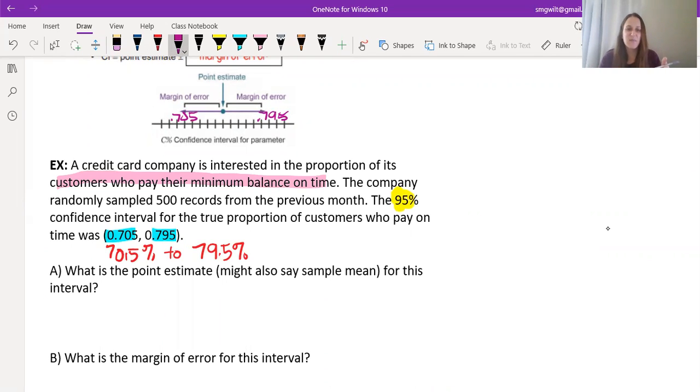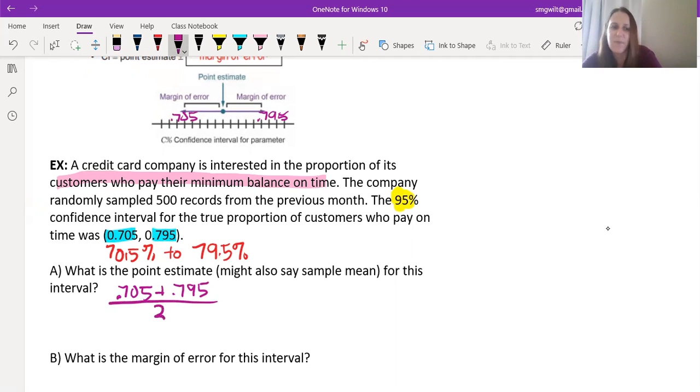The point estimate, again, it might ask you for the sample mean if it's talking about mean versus proportion. That's going to be the average. So this is the average of the ends of my intervals because it's perfectly in the center, right? I added the same thing. I added the margin of error and I subtracted the margin of error. So to do that, I'm going to take the two numbers that I was given in the problem, so 0.705, and I'm going to sum them, 0.795, to find the average of these two numbers.